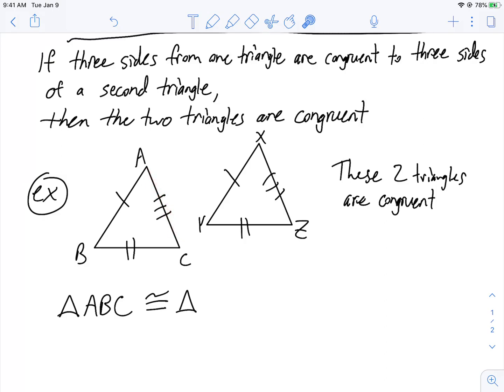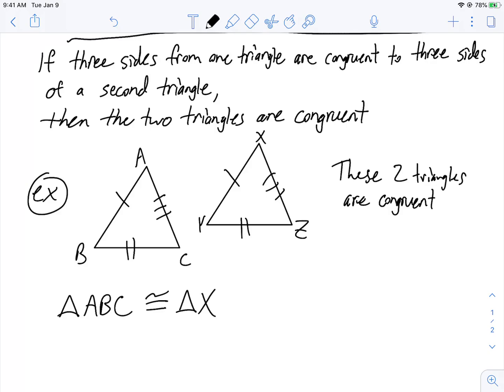The other side of it is the 3 marked congruence. That matches up with X from the other one. It has the 1 congruent mark and the 3 congruent mark. So A and X are in the same position. They are congruent to each other. They're in the same spot. They correspond, right? They're corresponding parts.